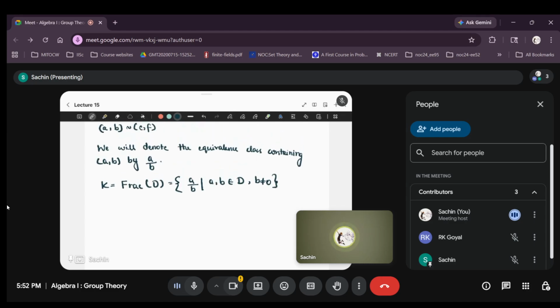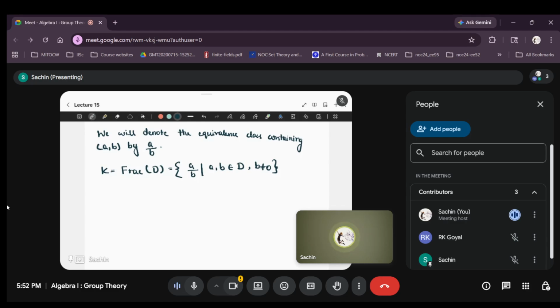Now we have defined Frac D, the set of equivalence classes of the relation where A comma B is related to C comma D if and only if AD is equal to BC. That is the relation. So you can write this as equivalence classes of elements like this, but we are using this notation.